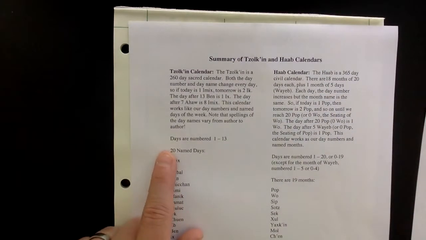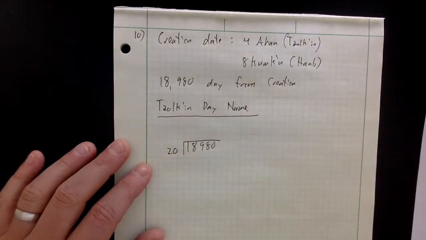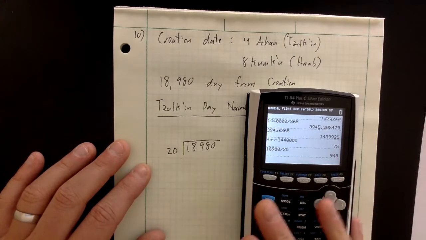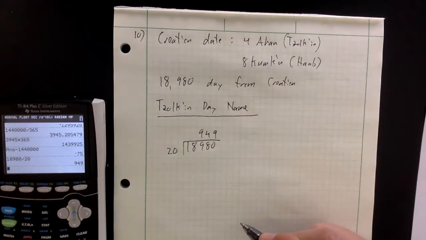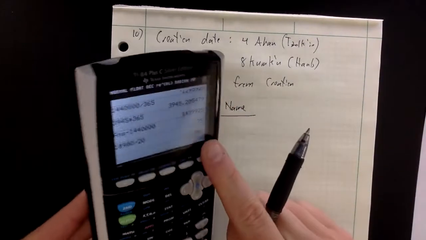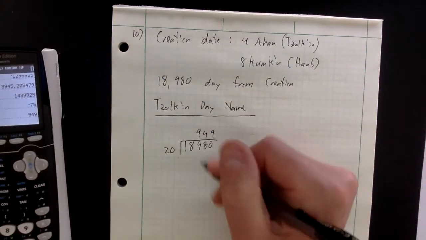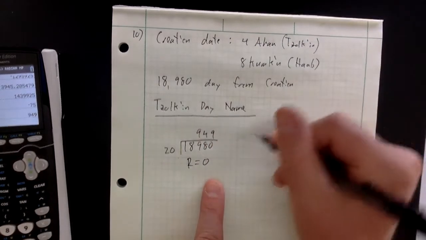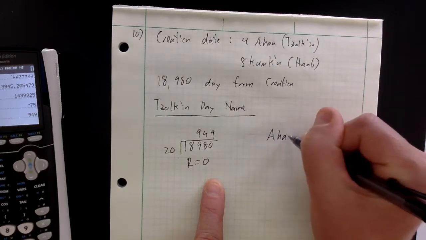There are 20, so we need to divide this by 20. So I've got 18,980 divided by 20, and I get 949. If you notice right here, there's absolutely no decimal, so that actually means there's no remainder. The remainder equals 0. So what does that mean? The new day name is actually the same Ahau.